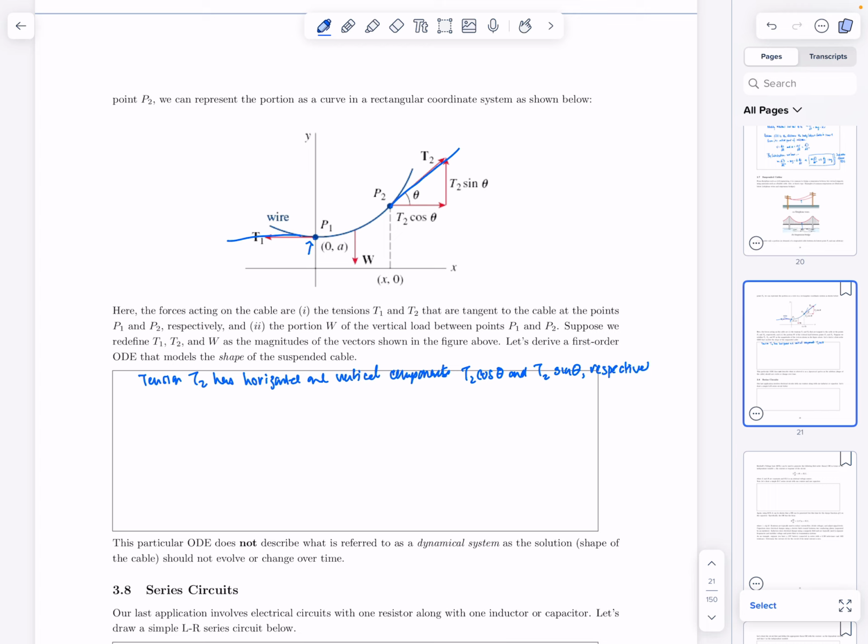In fact, here's the horizontal. You can see that from the diagram. That's the horizontal component to the tangent. And then here is the vertical.